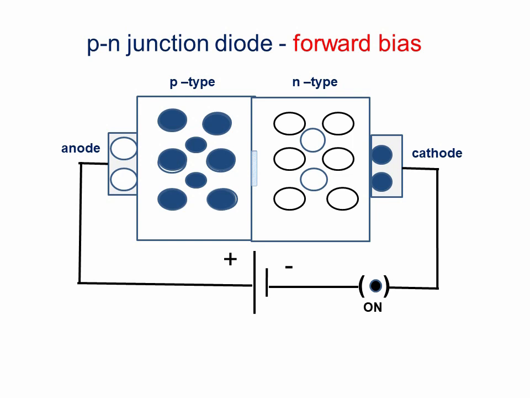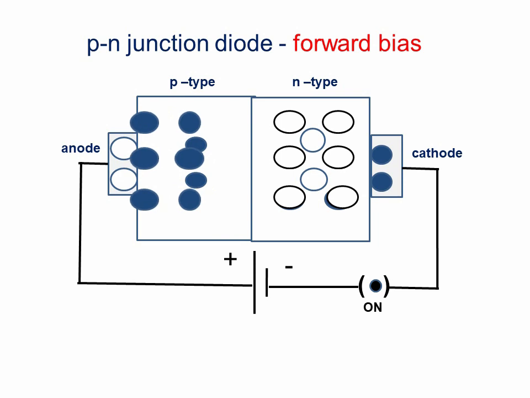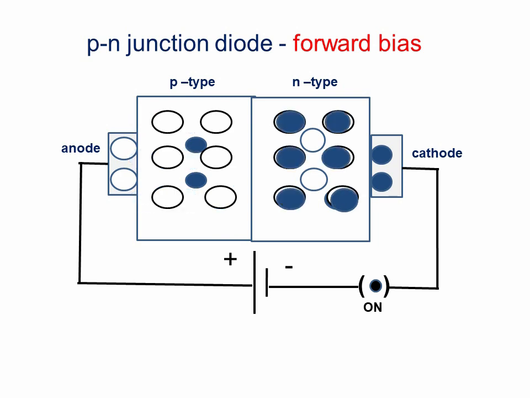So, the charge carriers can easily move. At the same time, the holes in the anode just attract electrons in the P type. So, the N type electrons again diffuse to the P type by the push of the electrons in the cathode.